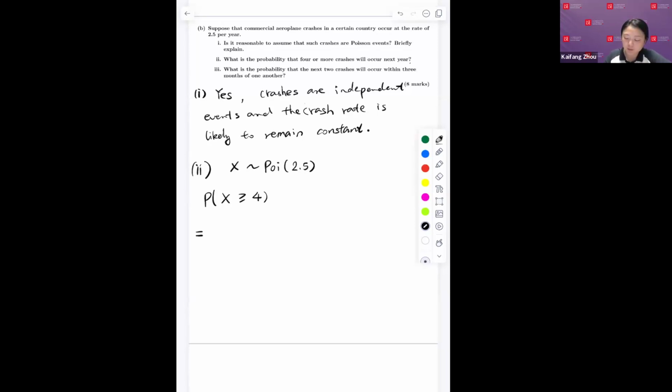So this will be equal to 1 minus probability of X less than or equal to 3, which is 1 minus the sum from X equal to 0 to 3 of e to the power minus 2.5, 2.5 to the power of X over X factorial. Then just use your calculator. You can get your final answer as 0.2424.